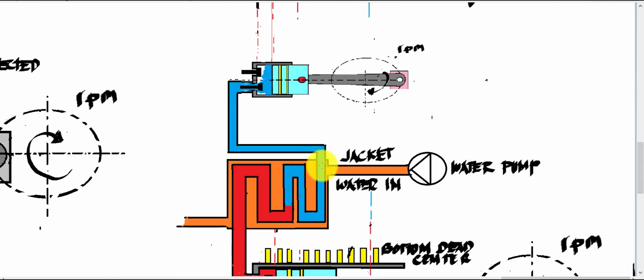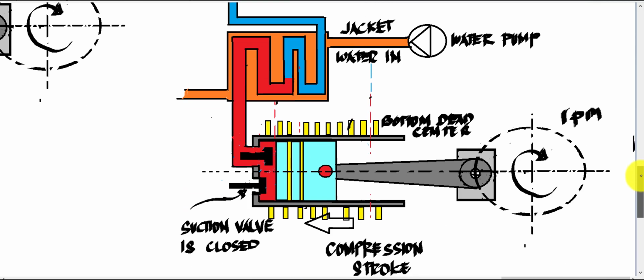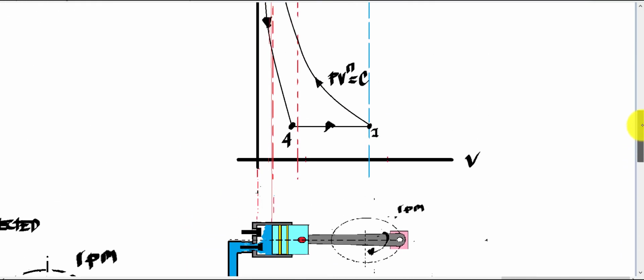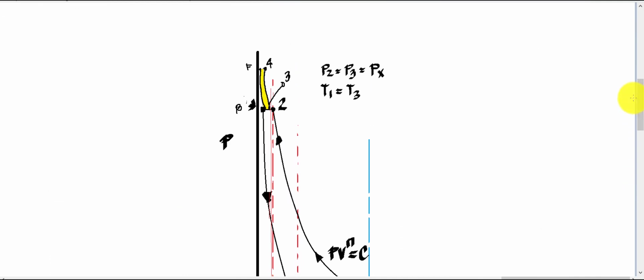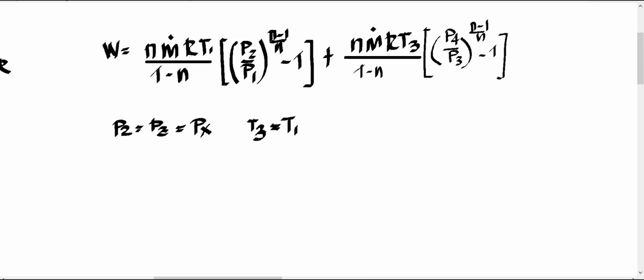From the discharge, which is point 3, going back to this one, we are lowering the temperature during the suction stage of the compressor. So that's why your T1 and T3 are equal. So we lower the temperature at constant pressure heat rejection at that point. Then we can rewrite our equation of the work.